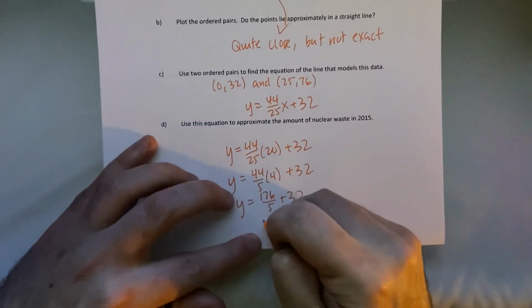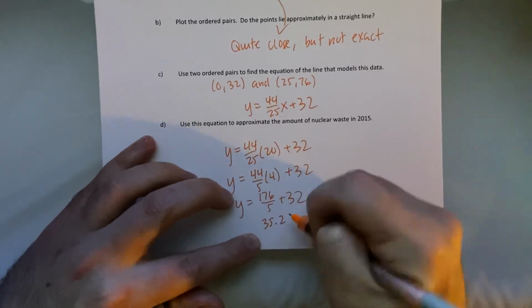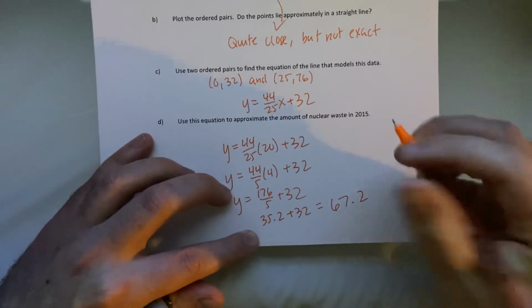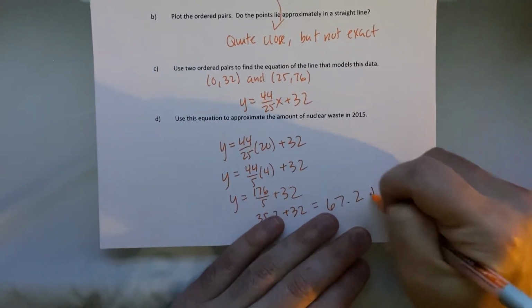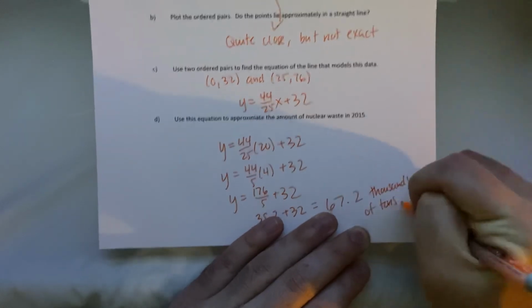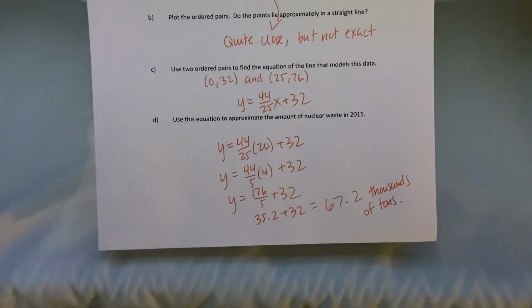This is 35.2 plus 32, which is 67.2. So it's thousands of tons. And that is all for 7.2.